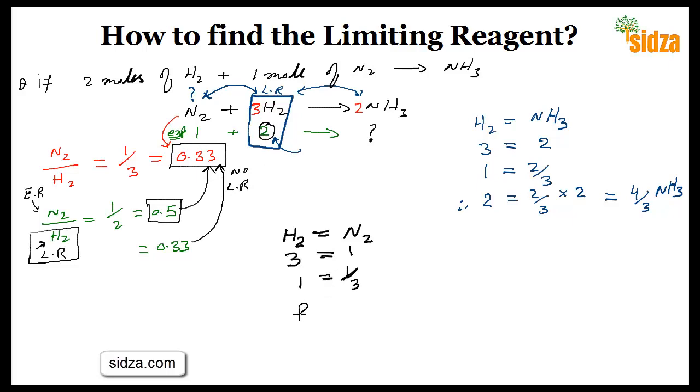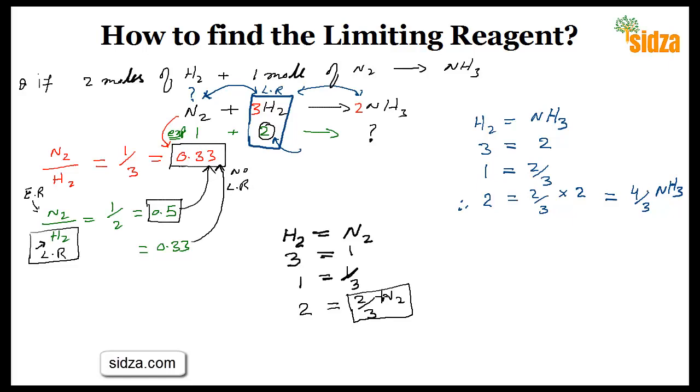So therefore 2 moles of hydrogen will react with 2 by 3 moles of nitrogen. So that means 2 by 3 moles of the nitrogen will be consumed. This is the number of moles of the nitrogen that will be consumed.